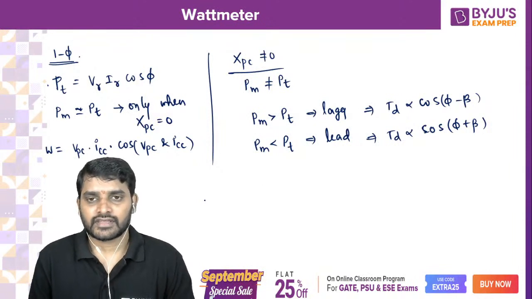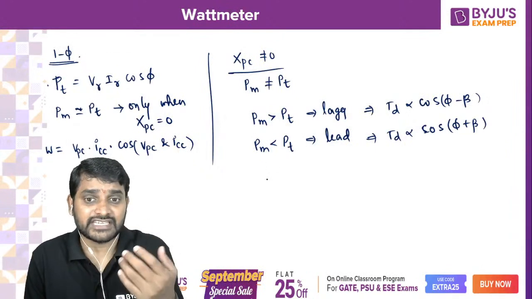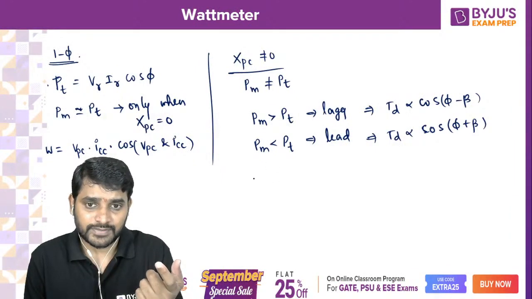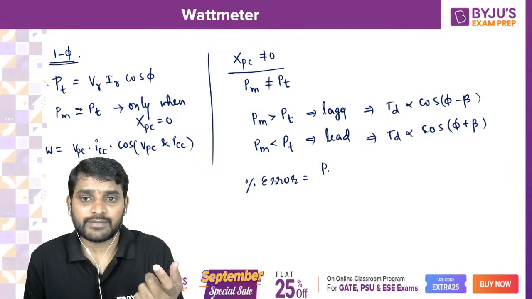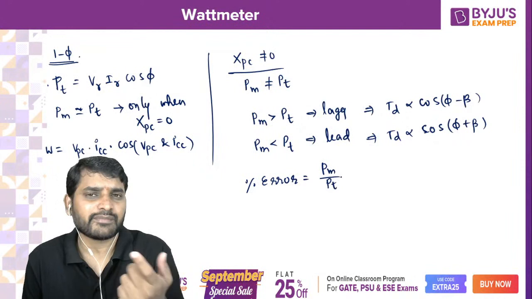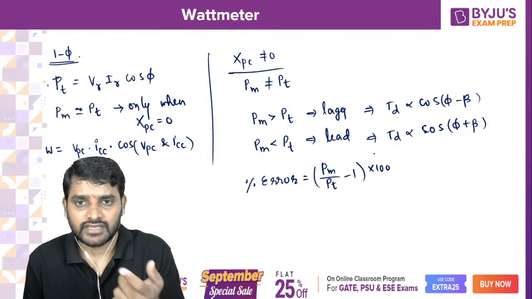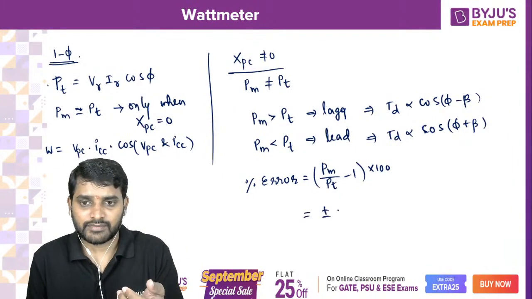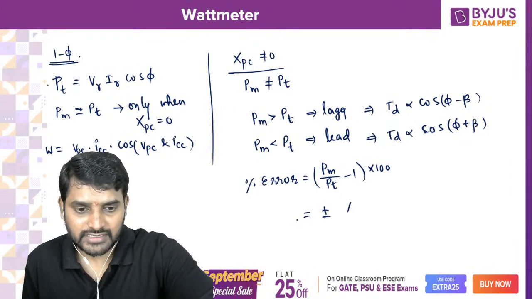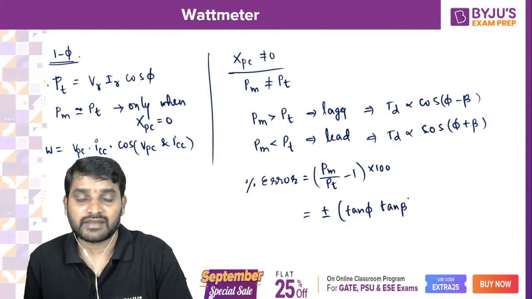Now definitely PM is not equal to PT, so you will get an error. The percentage error is equal to PM by PT minus 1, or (PM minus PT) by PT into 100. If you substitute the values of measured power and true power, you are going to get plus or minus tan phi tan beta into 100.